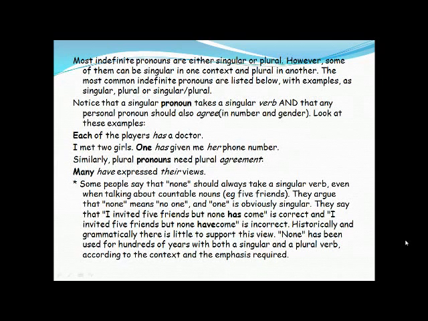They say that I invited five friends, but none has come is correct, and I invited five friends, but none have come is incorrect. Historically and grammatically, there is little to support this view. None has been used for hundreds of years with both a singular and plural verb, according to the context and the emphasis required.